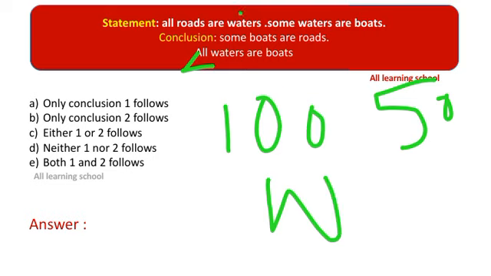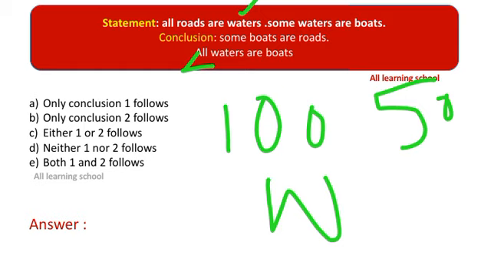But in the statement, water has income of 50. Expense cannot be greater than income. Income should always be greater than expense, and expense can never be greater than income. But in this conclusion, expense is greater than income. So it is also wrong in this context too. It is wrong in two contexts.